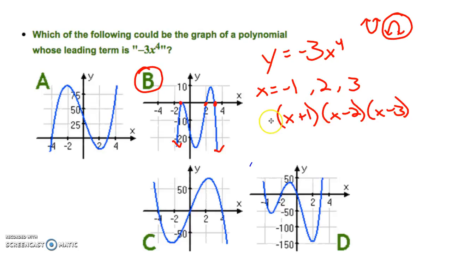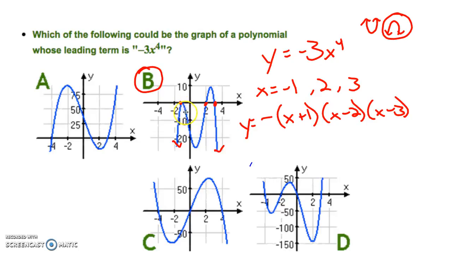Now, before we decide we're done, there's a couple of things we need to look at. One of them is that, if you recall, we had a leading coefficient that was negative. We still have these downward arrows. We need a leading coefficient that is negative. We also have to look for any special behaviors at those roots or x-intercepts.